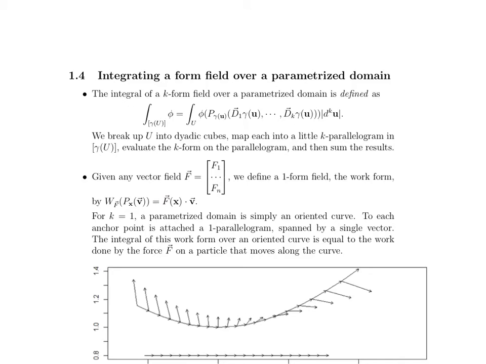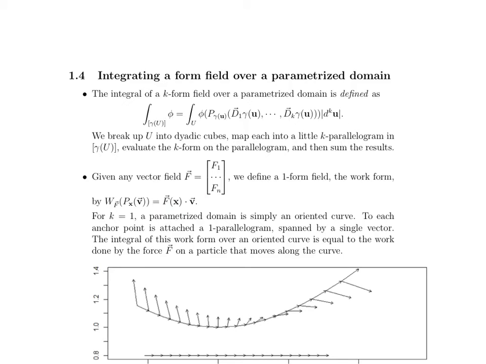For k equals 1, a parameterized domain is just going to be a curve, right, a one-dimensional manifold. To each anchor point is attached a one parallelogram spanned by a single vector, and the integral of this guy right here, which is basically saying how much does the path point in the same direction as the vector field.